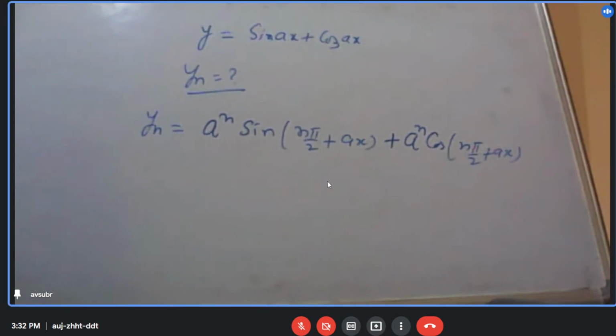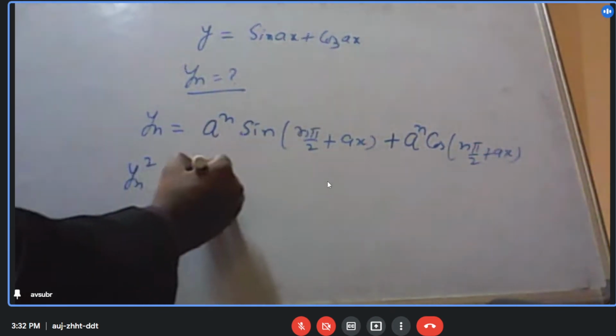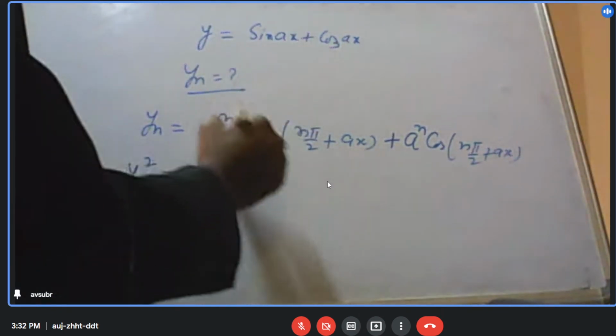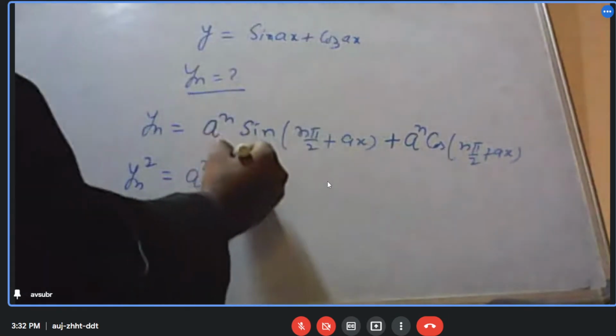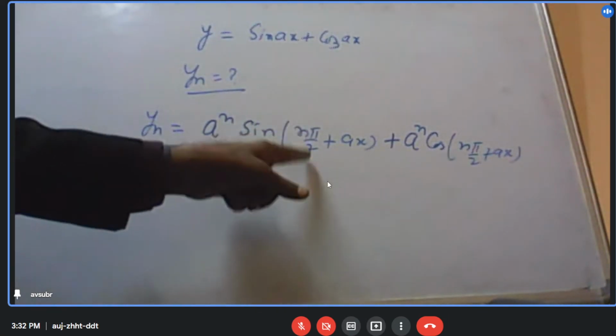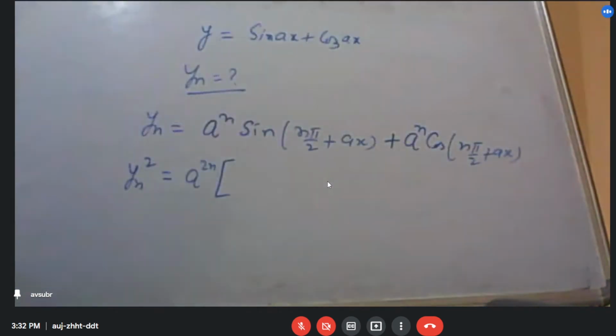Also, we can further simplify it. If I take the square of this, it will be a to the power 2n, and the square of this whole. So what will we get? sin square(n pi by 2 plus ax) plus cos square(n pi by 2 plus ax), which is 1.